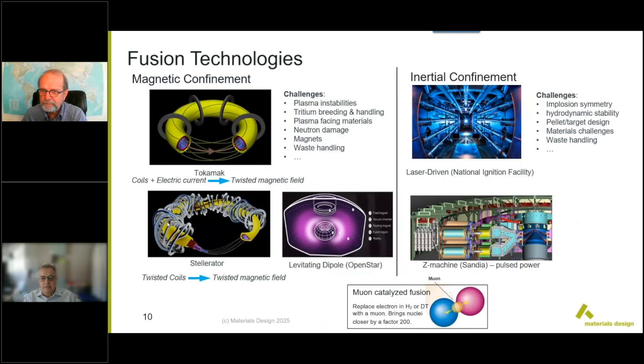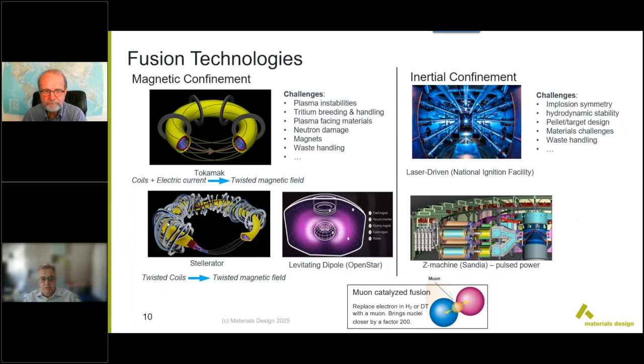So looking now at how this is being realized in reality, the most common way to achieve fusion reactions in a plasma with the requisite density, temperature, and also retainment time is magnetic confinement. This is by far the most researched methodology.